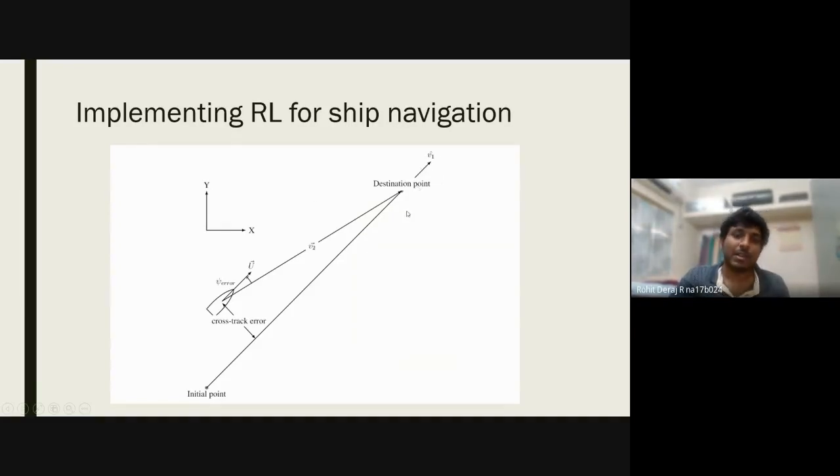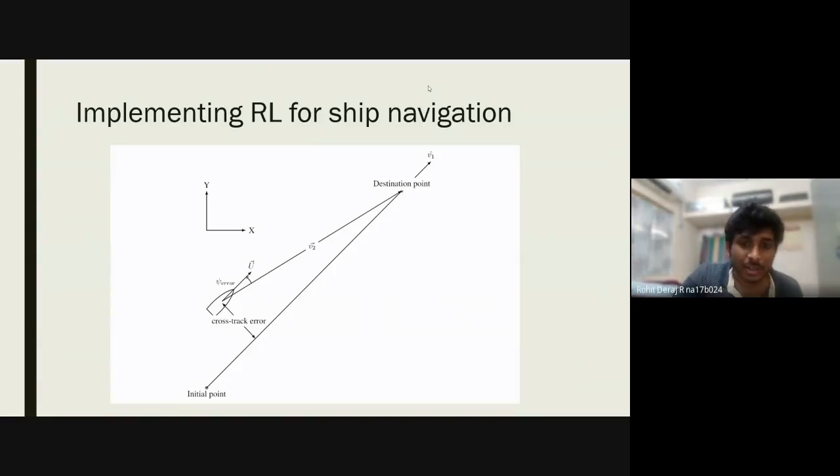If the ship's coordinate is anywhere on this side of the plane, the angle between v1 and v2 will be less than 90 degrees. If it comes here, it is going to be a 90-degree angle between v1 and v2. And as soon as it goes to the other side of the plane, the angle crosses 90 degrees.